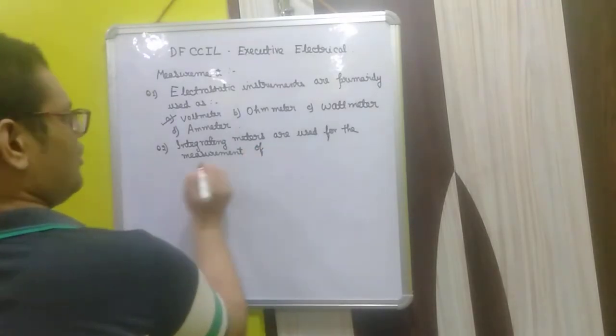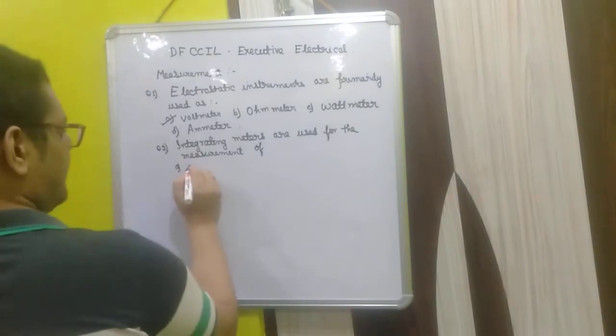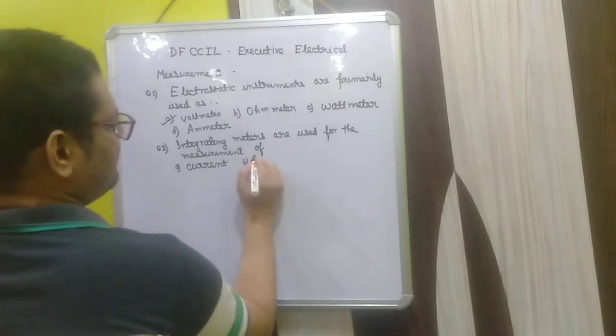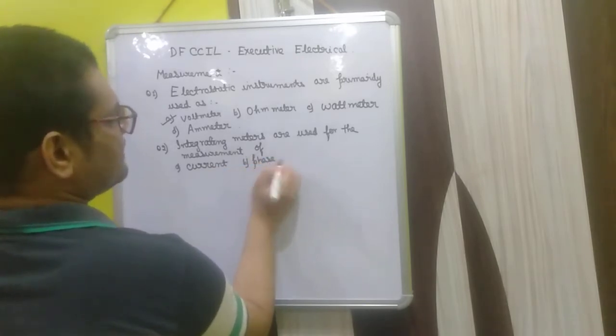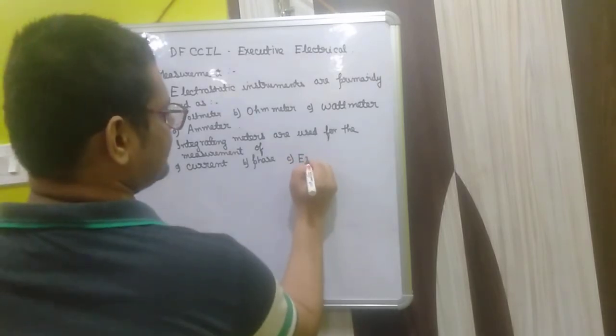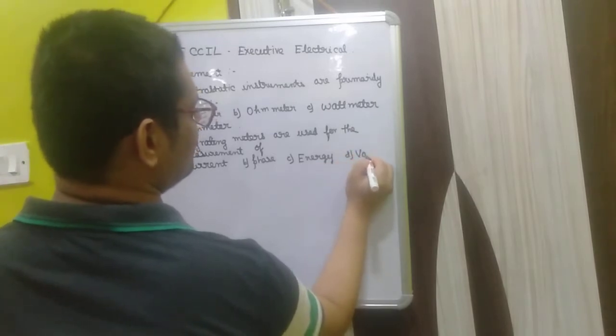Here are the four options: option 1 is current, option 2 is phase, option 3 is energy, option 4 is voltage.